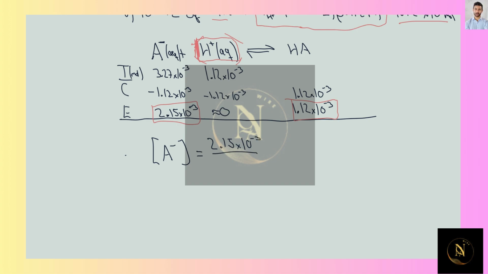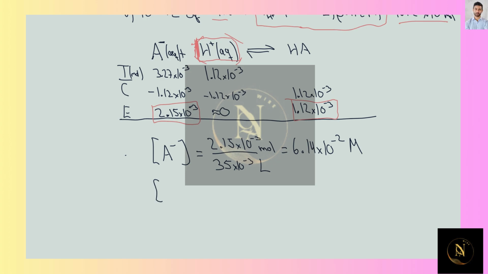We began with 25 milliliters and we added 10 more milliliters for part B. So we have 35 times 10 to the minus 3 liters. The concentration for A minus is going to be 6.14 times 10 to the minus 2 molar.